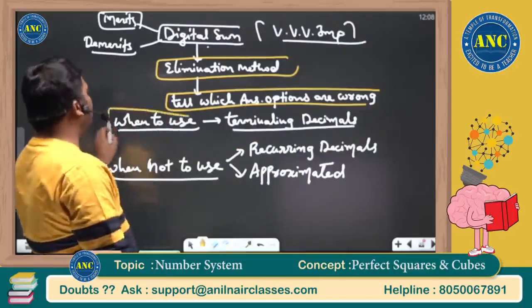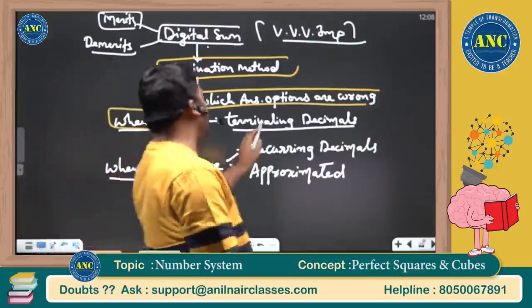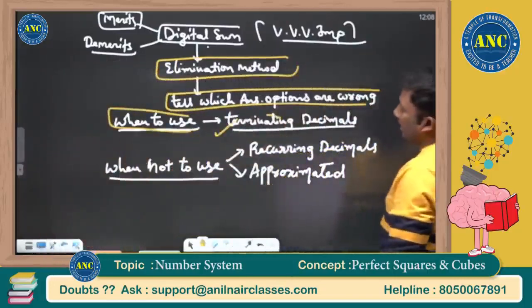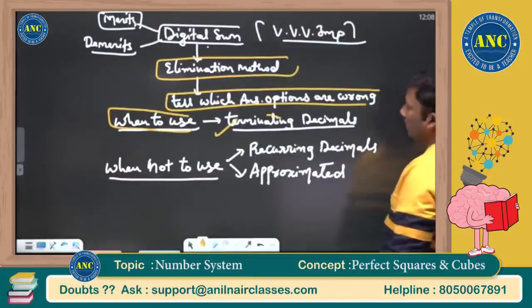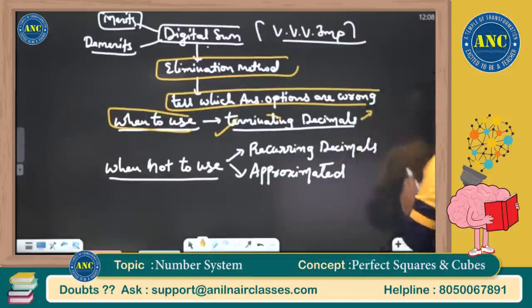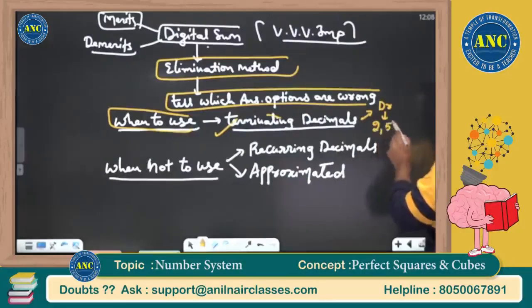When to use digital sum? Digital sum is used for all values when it is a terminating decimal. What is a terminating decimal? The denominator can take powers of 2 or 5, or of 2 and 5.